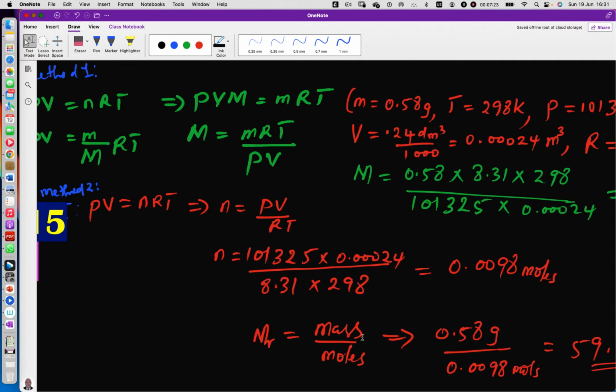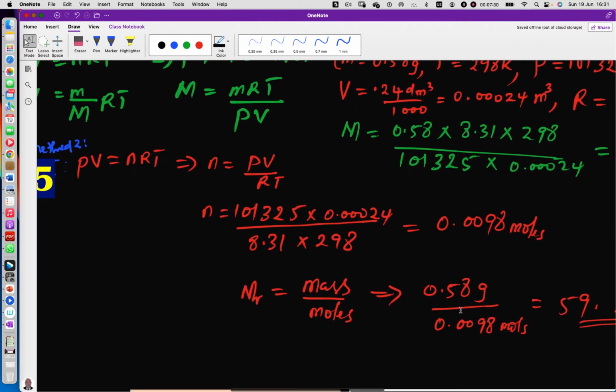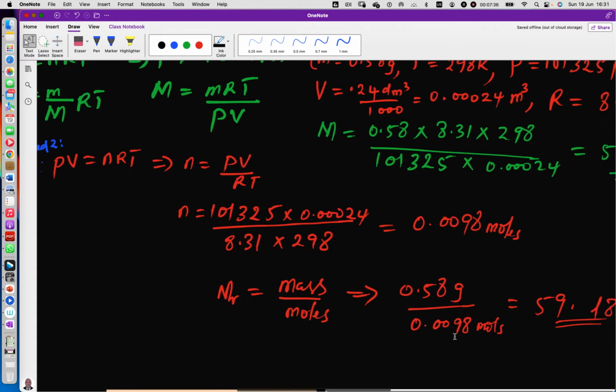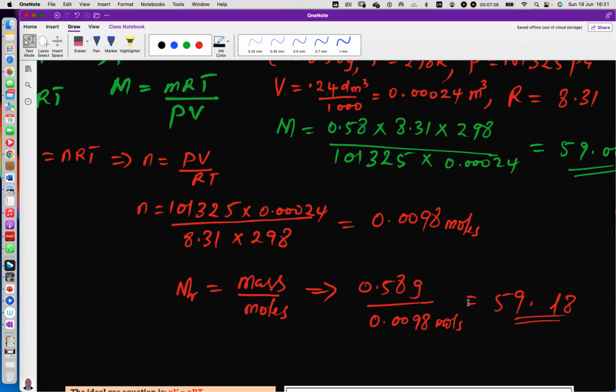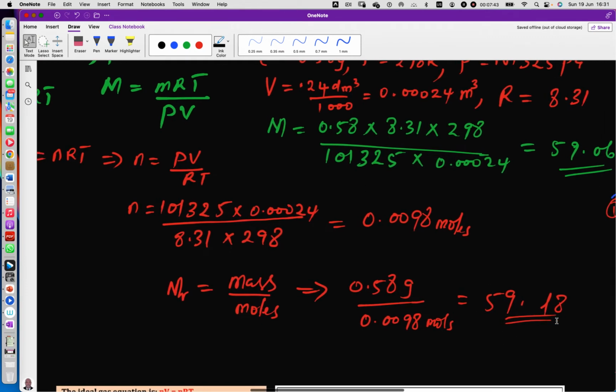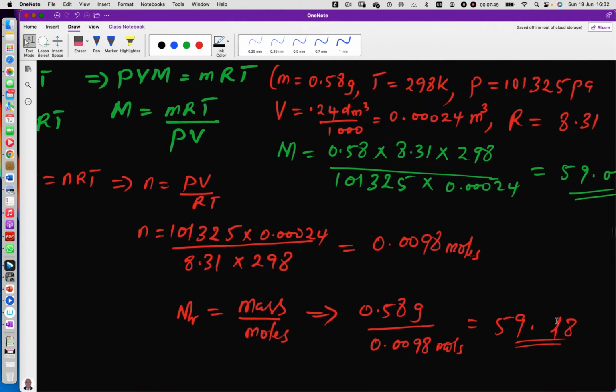Since the mass was given and the number of moles has been calculated, we divide the mass, which is 0.58, by the number of moles, and we will have 58.18.